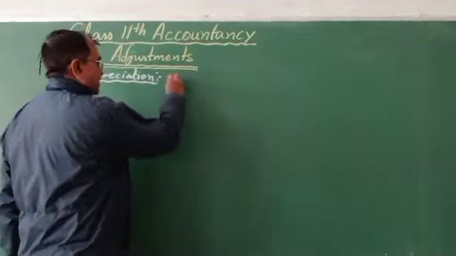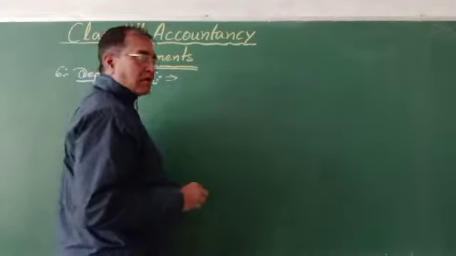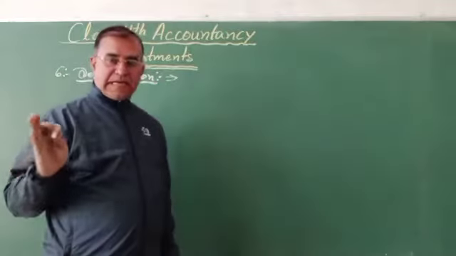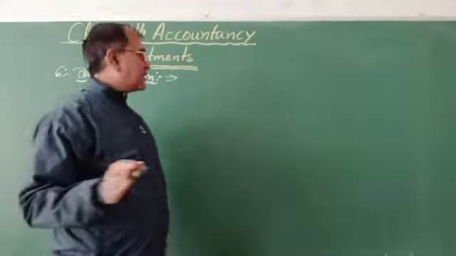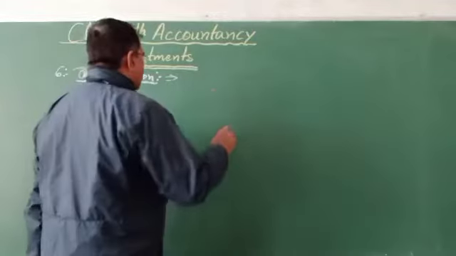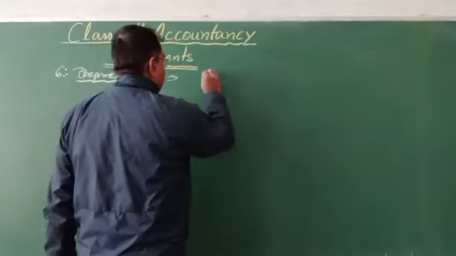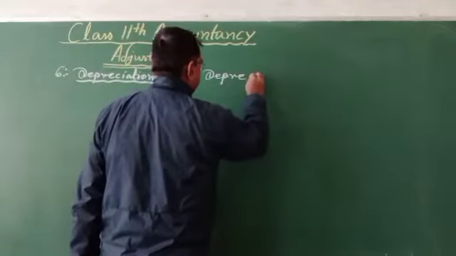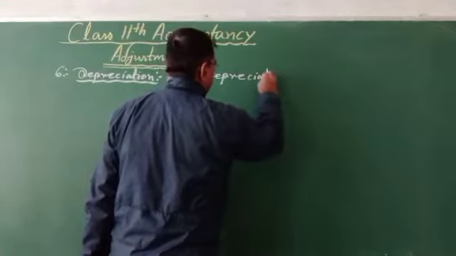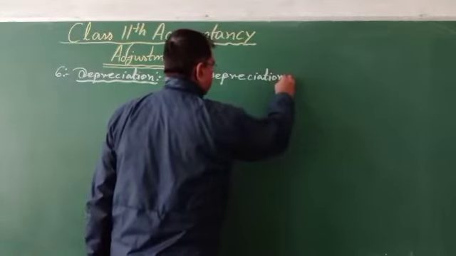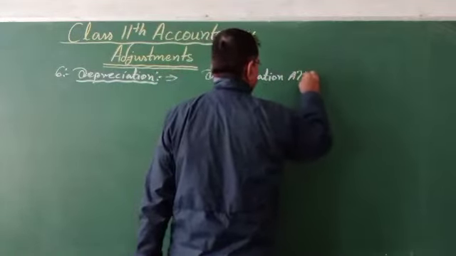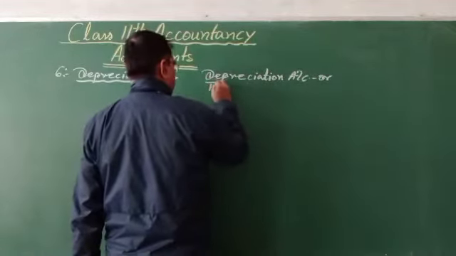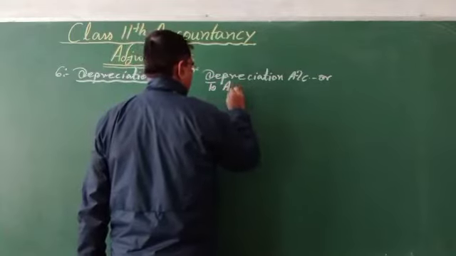So, the accounting treatment of depreciation in the books of account, the journal entry. When the value of any asset is lessened, that is an expense. Depreciation account debit to assets account.